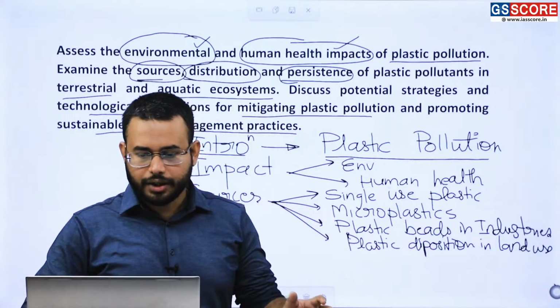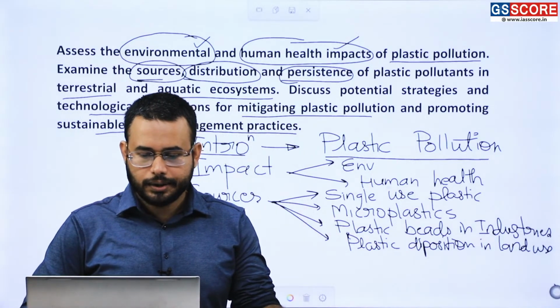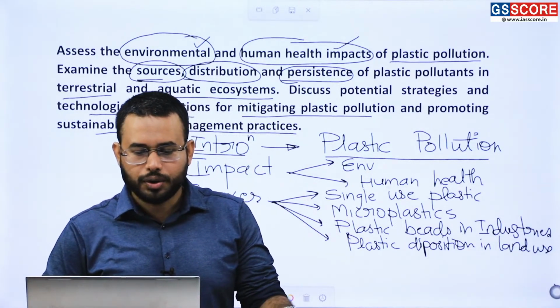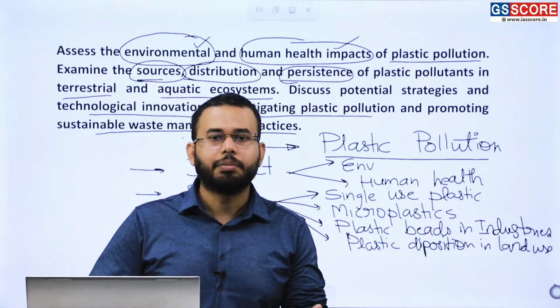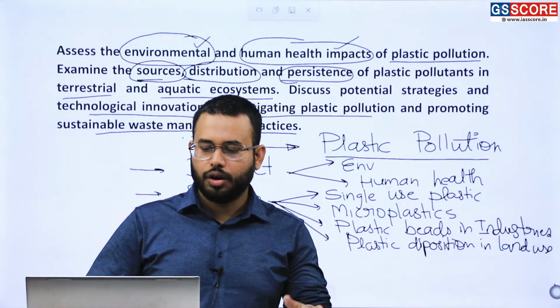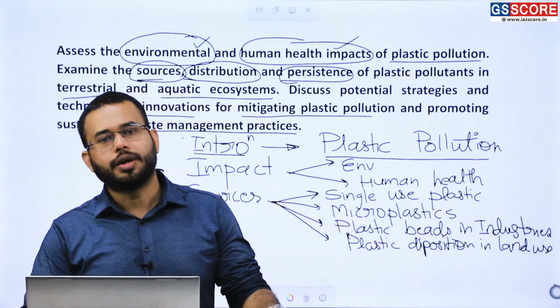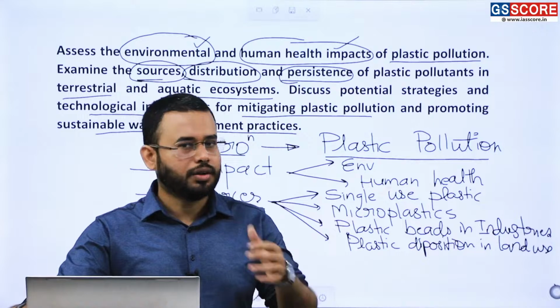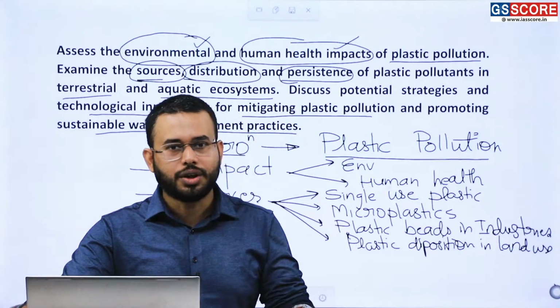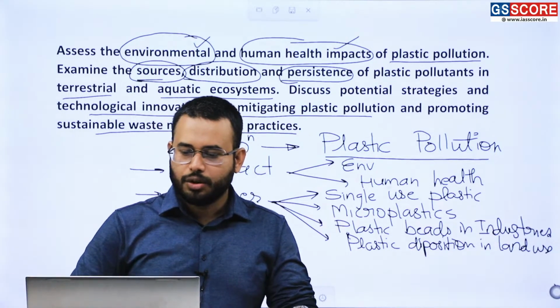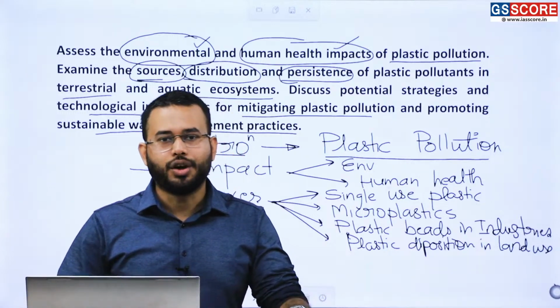Now from there, you need to talk about strategies for mitigating plastic pollution. Now what all areas we must work on. So here you can quote the plastic pollution rules and regulation of 2016, right? Where number one aspect is the policy intervention.